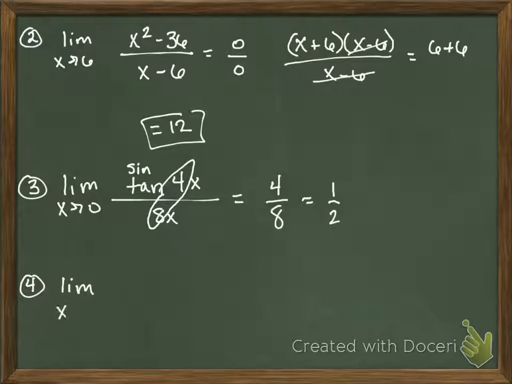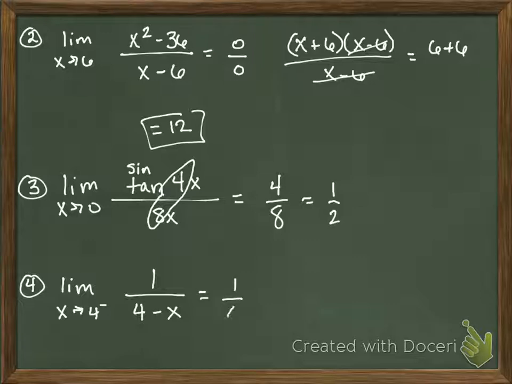All right. The limit as x approaches 4 from the left of 1 over 4 minus x. Try that one out. All right, let's talk about this one. Obviously if you actually plug in 4 for this one, you get a number over 0.